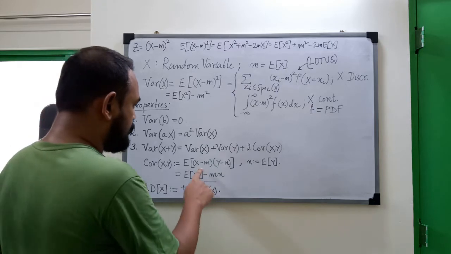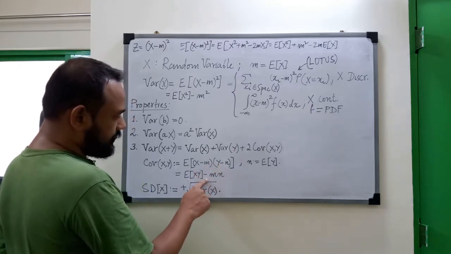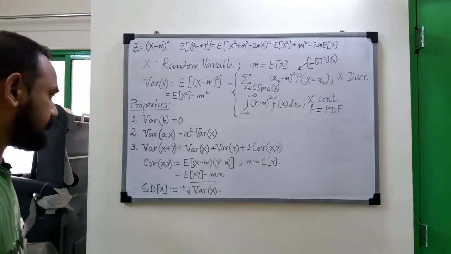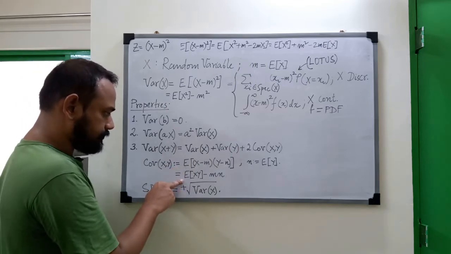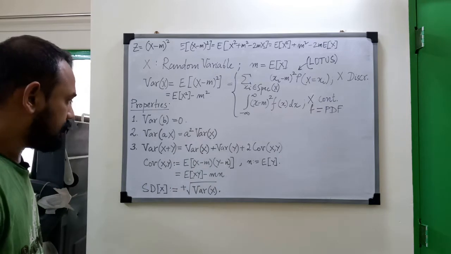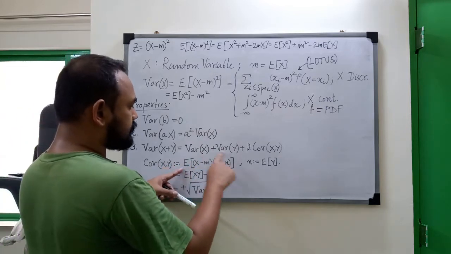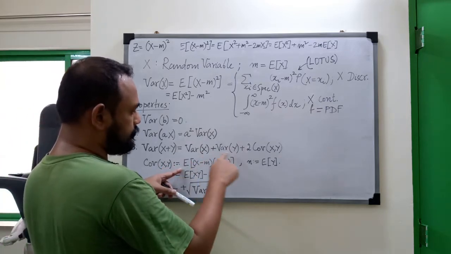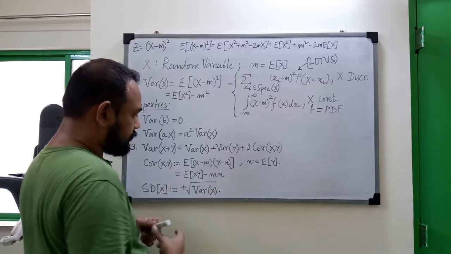So this covariance can be actually written like this as well. Okay, this is another formula for covariance. If you multiply things here, you can easily see that this formula can be written like this as well.